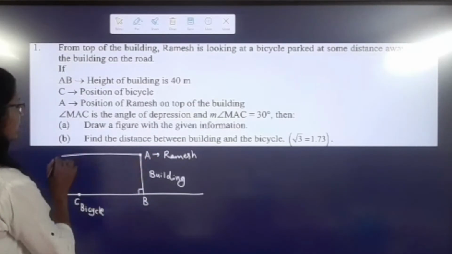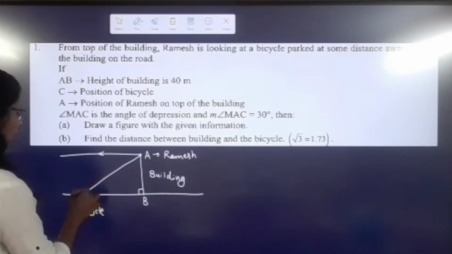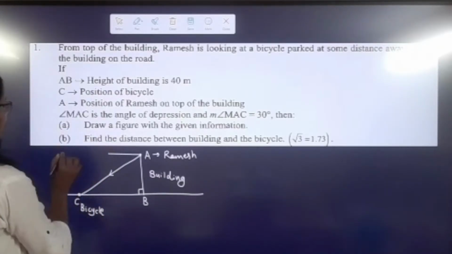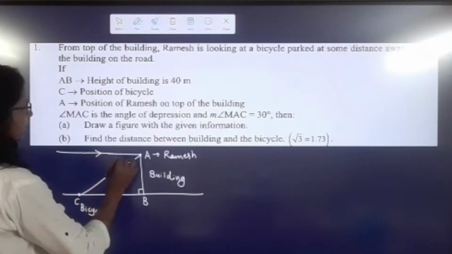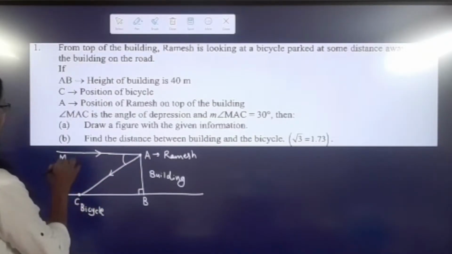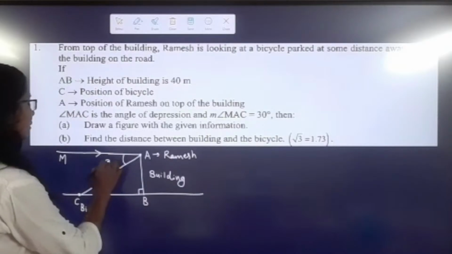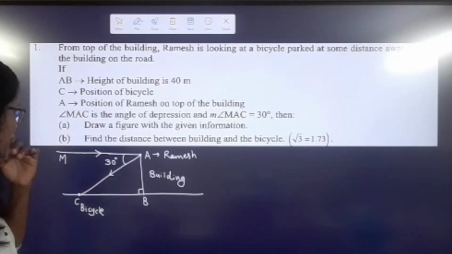So here students, MAC, this way. And angle MAC is 30 degree. Okay students, 30 degree, this way.